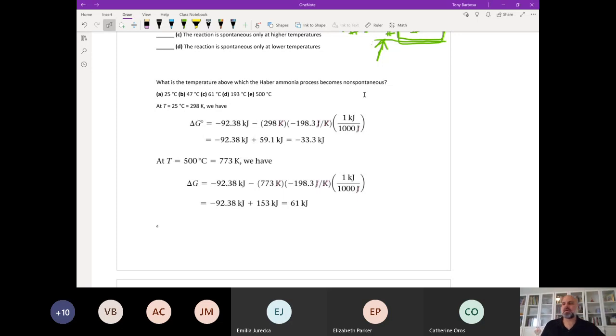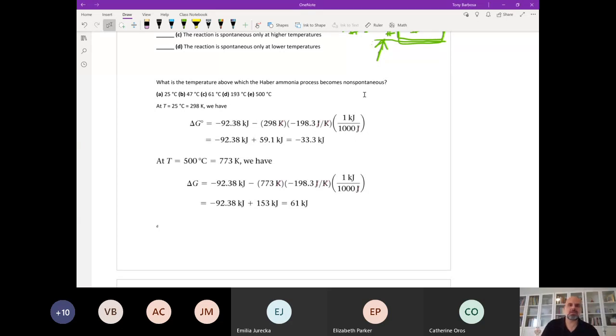Work through this problem. How are we going to figure out what temperature? Go through the calculations. Think about your equation: delta G is equal to delta H minus T delta S. How does a reaction become spontaneous?